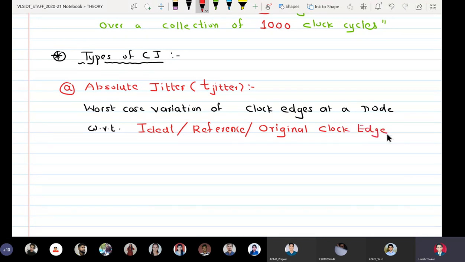It's very important. So here absolute jitter denoted as small t jitter is worst case variation of clock edges with respect to ideal clock edge.